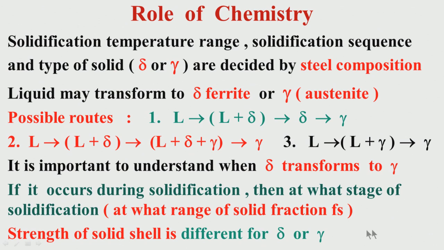So, what is important is at high temperature what is the strength and toughness of solid shell delta or solid shell gamma. Gamma has much higher strength compared to delta. That is why how the solidification takes place will lead us to what is the strength of the shell, whether it is delta or gamma. If it is delta, then solid shell is soft. If it is gamma, solid shell is relatively hard. So, this is the first thing to remember.